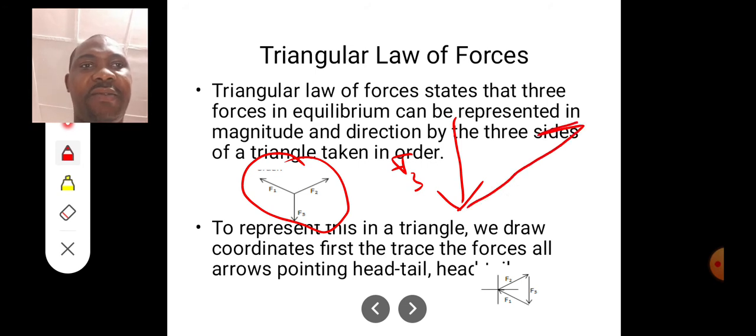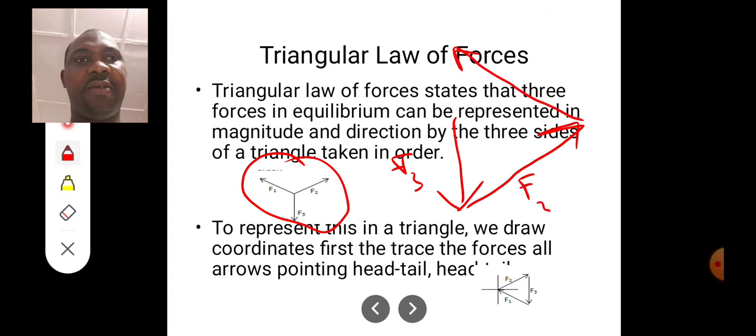Then after that, you have F1, acting this way. Have you noticed that these three forces have now been represented as a triangle? Each of the forces must follow each other, tail to head, tail to head, tail to head. That is very important to note.